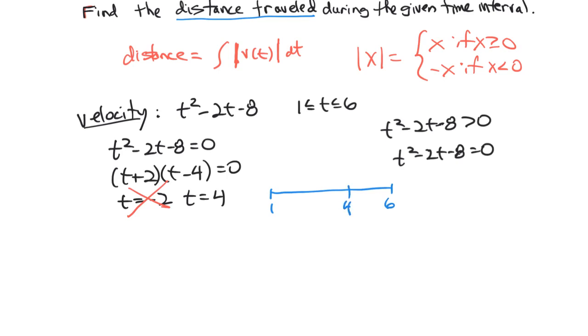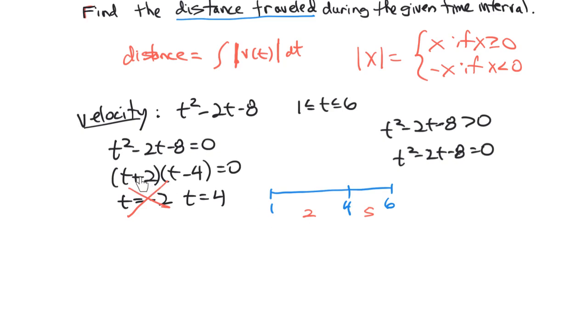So we basically know if the velocity is positive at 2, it's positive at 3, right? The only time it could change to negative is by hitting 0 first and then changing. So we need a test point on this interval and this interval. So I'll just pick 2 and 5 and just plug them in to velocity. You could plug it right in here if you want, but it's easier just to plug it in here.